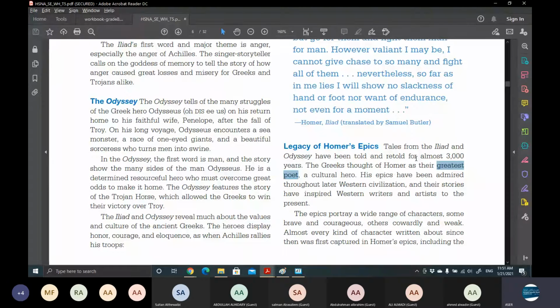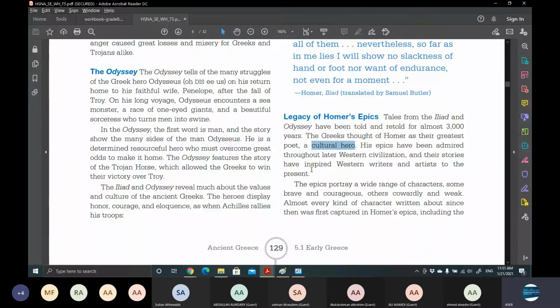So he started telling us about what happened in every country, city, or village that he visited. And at that time, they did not have the communication methods that we have today. So they thought of him as their greatest poet. Besides, he was a cultural hero.